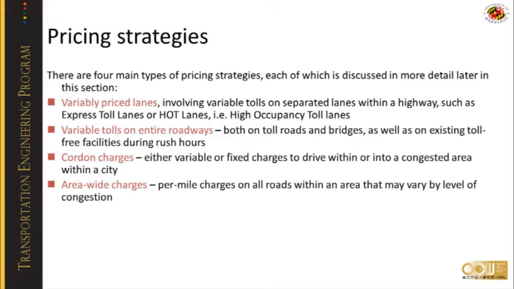So for example, you can divide your highway in order to have express toll lanes or HOT lanes or high occupancy toll lanes. You can have toll on entire roadways. You can have cordon charges, like in London and Stockholm. In order to enter the city center, you charge people with a fee, or you have area-wide charges.